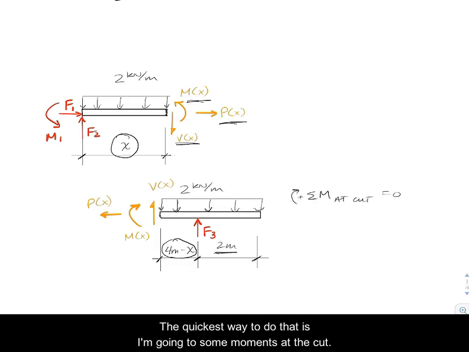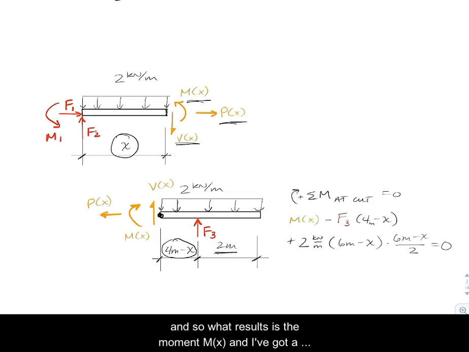The quickest way to do that is I'm going to sum moments at the cut. If I sum moments right at the cut, I'm going to call clockwise positive. And so what results is the moment m of x got a contribution from the red F3, the roller force, again with its lever arm.